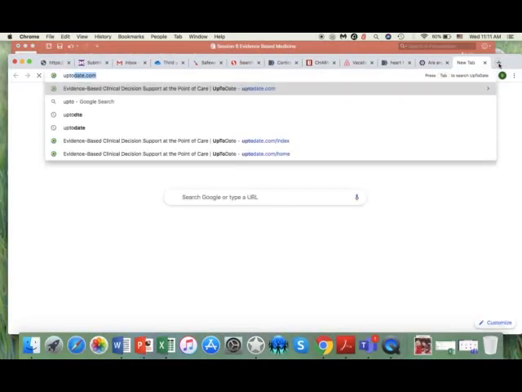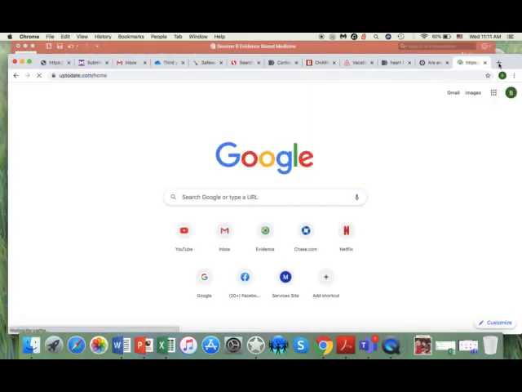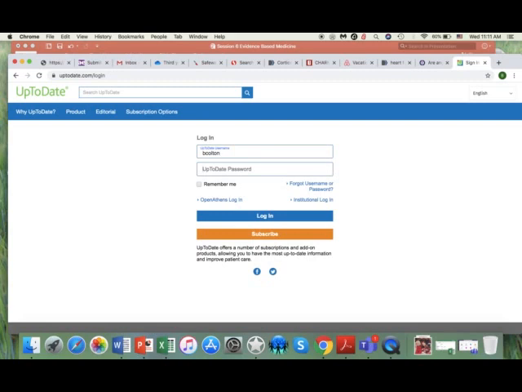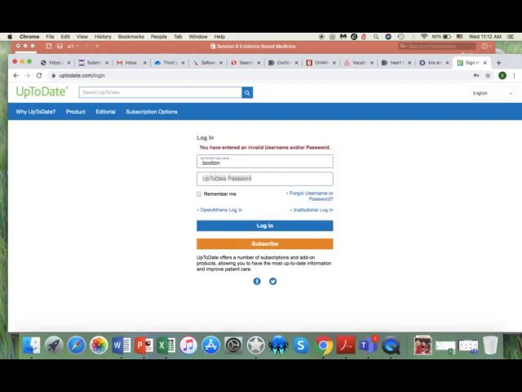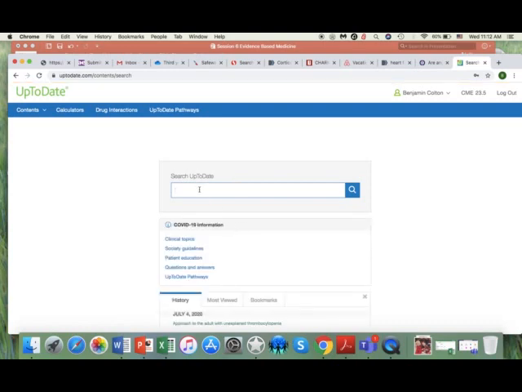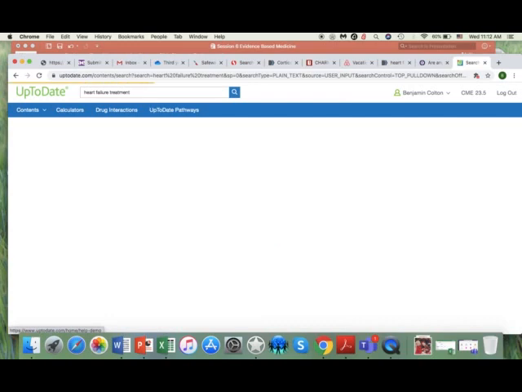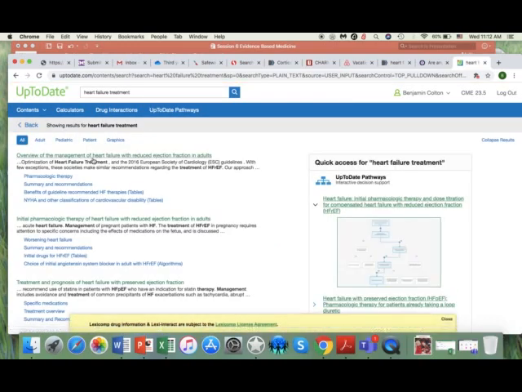And if I show you UpToDate, I find it so beneficial that I have an account that I pay for monthly. It brings you to this page, and a lot of times I'll put in something like treatment of heart failure, and then it'll take you to something.